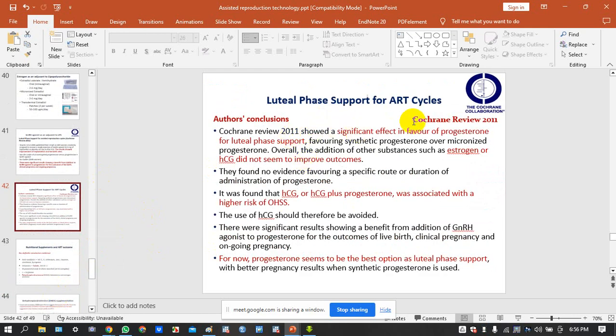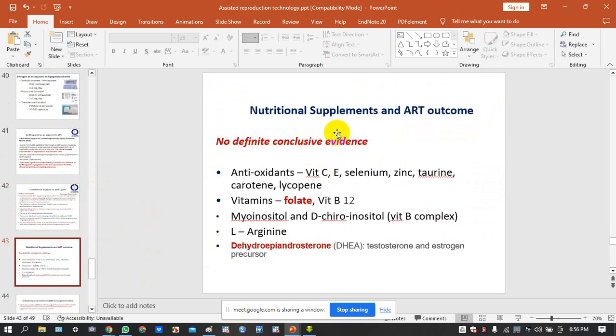So luteal phase support, also estrogen, progesterone. Then we also have, they said, nutritional. Some people said if you take vitamin C, vitamin E, selenium, zinc, taurine, carotene, they will improve the luteal phase. But this does not have a strong conclusion as to whether it will benefit or cause improvement in the luteal phase.